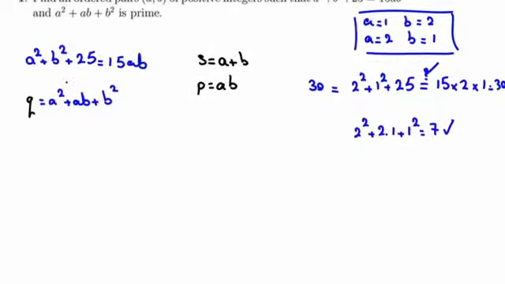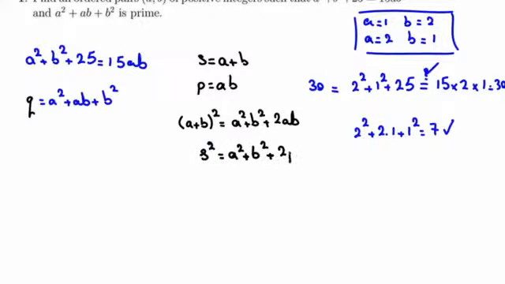Now, here we have a squared, b squared. We have a famous identity. You should know that (a plus b) whole squared is a squared plus b squared plus 2ab. So we can consider that s squared equals a squared plus b squared plus 2 times the product, which is 2p. Now, let me call the first equation 1, and this identity star.